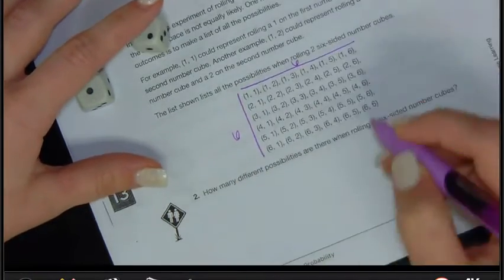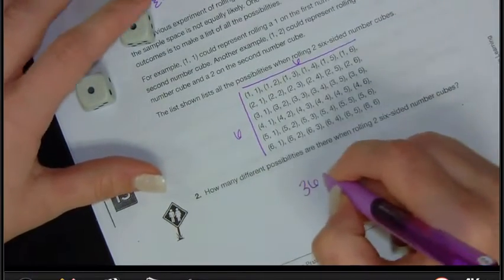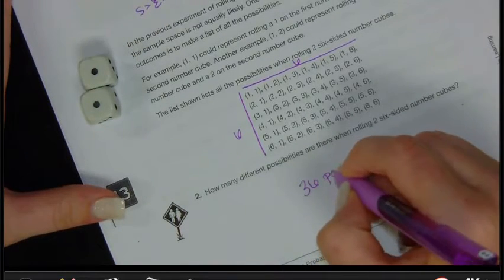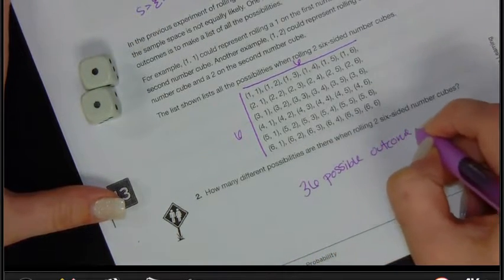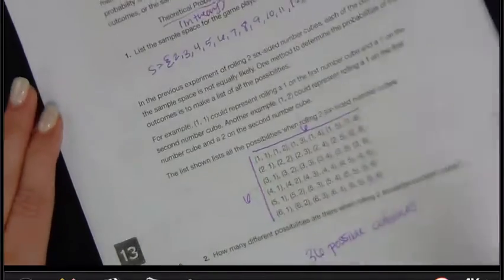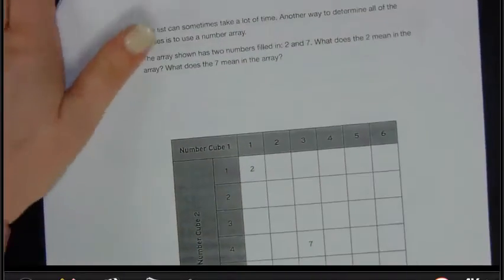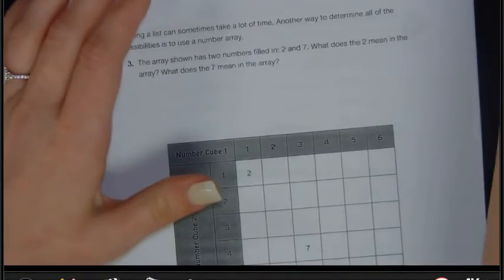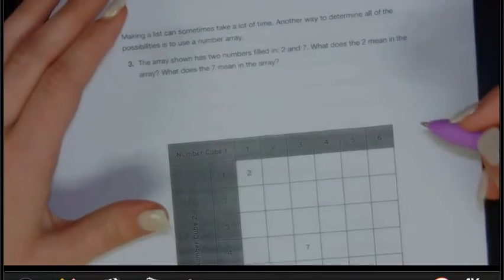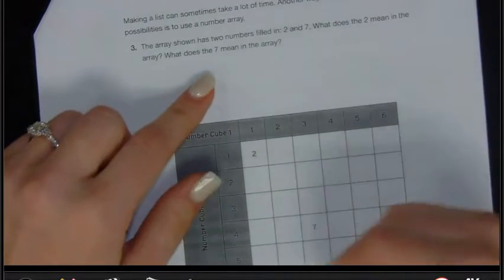Well, I have a total of 36 possible outcomes. With these, I can create what we like to call a number array.